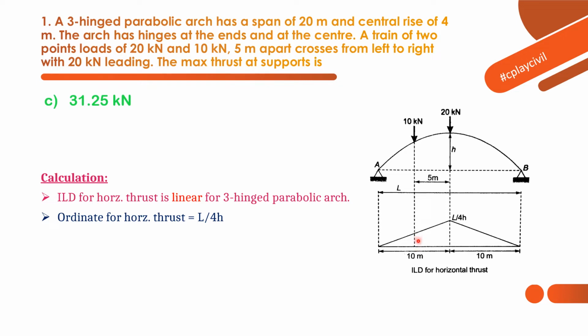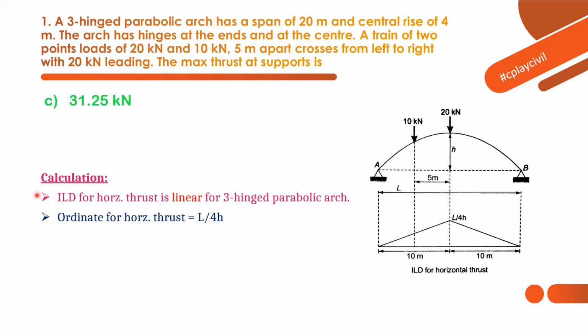We can find it using the similar triangle concept. If at 10 meter the maximum ordinate is L by 4H, then at 5 meter what is the ordinate? If we find the ordinate at this level and multiply it with 10 kN, plus L by 4H into 20 kN, then we can find the answer as 31.25 kN.